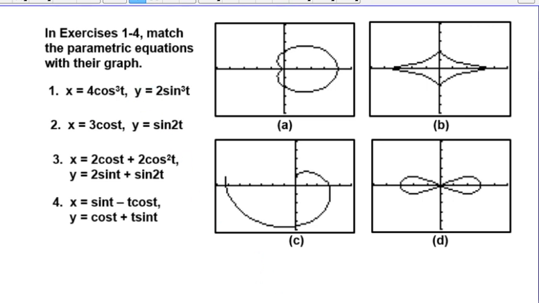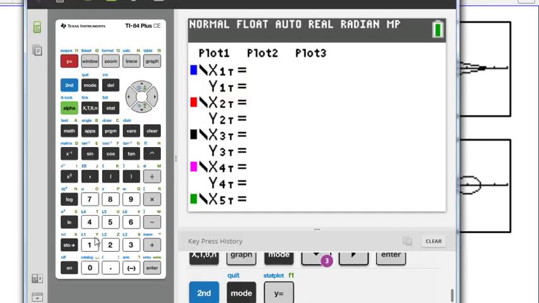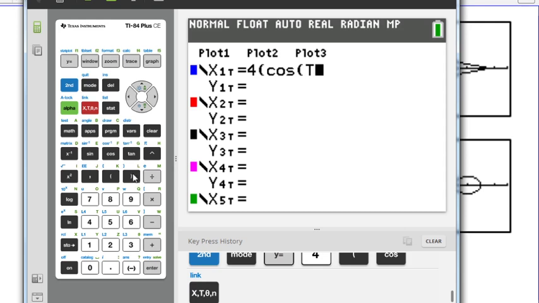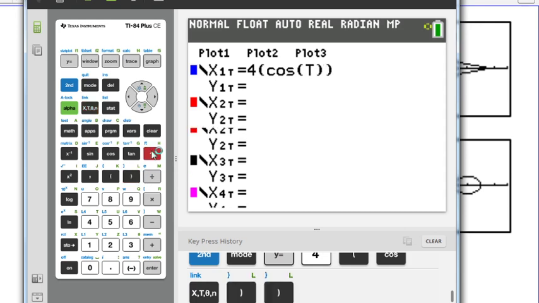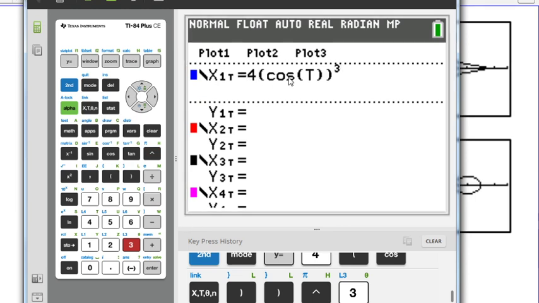So here's what it is. 4. And you can do it different ways. What you do, that cube thing, and you press the X thing and t pops up. And 4 cosine cubed t. So that's how you can enter it. It's cubing this whole thing.